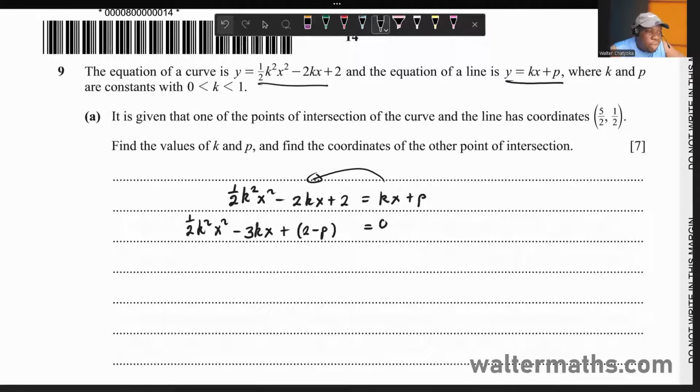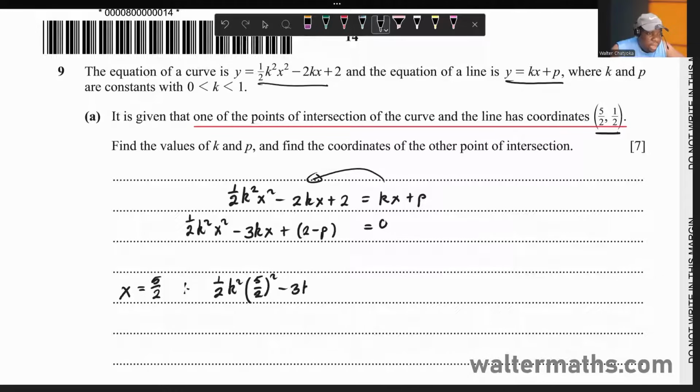But we've also been told that one of the points of intersection of the curve and the line has coordinates 5/2, 1/2, which would mean that x being equal to 5/2 should satisfy the equation above. So we can have half k squared of 5/2 squared minus 3k of 5/2 plus 2 minus p being equal to 0.